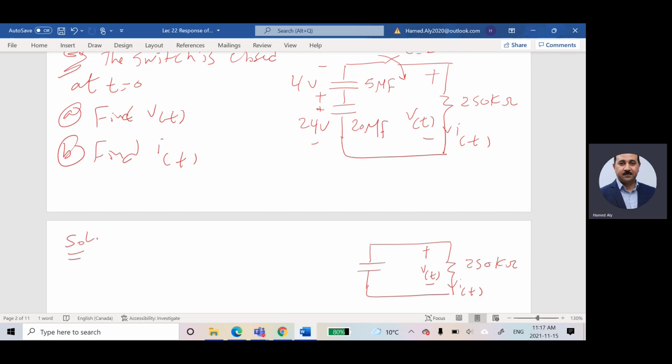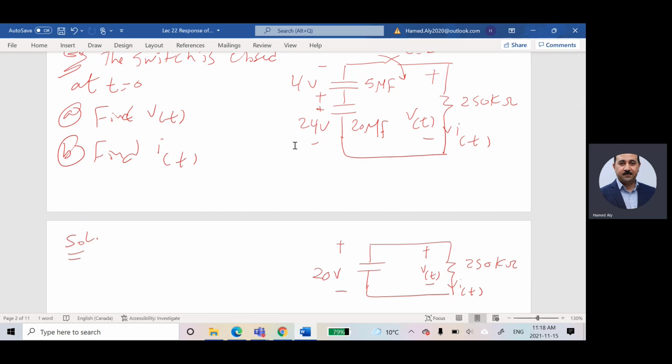And the total voltage will be 24 minus 4, right? So it will be 20 volts in that direction, because this one has positive, negative, and this one has negative, positive. So the total from that point to that point will be 24 minus 4 in the direction of 24, which is 20.